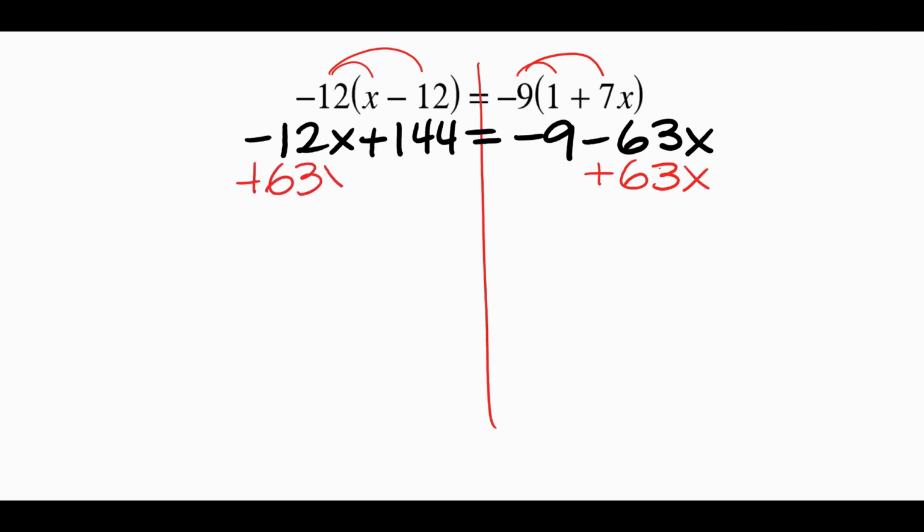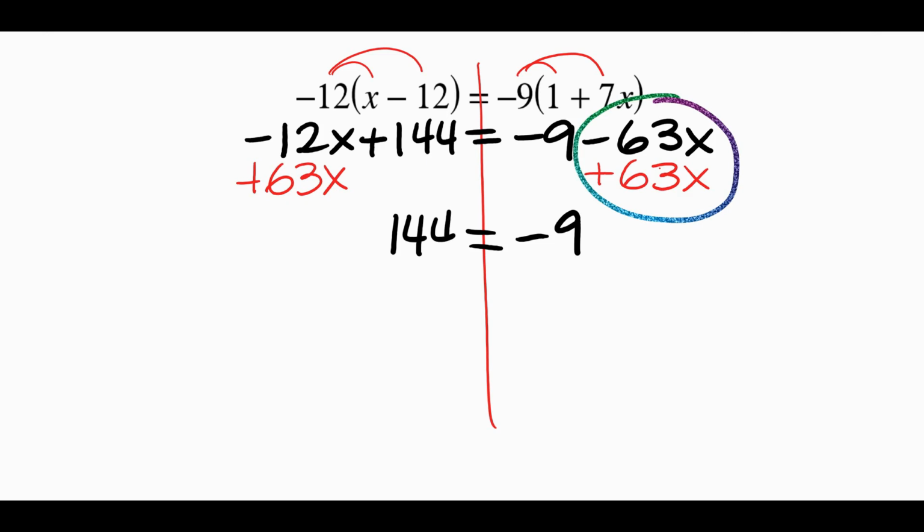And when I write it over here, I'm going to write it right underneath the like terms. And that gives me a 0 pair on this side. Bring down my equal sign, and what I'm left with over here is a negative 9. I also know I have a positive 144 on this side. And then I have negative 12x and a positive 63x.